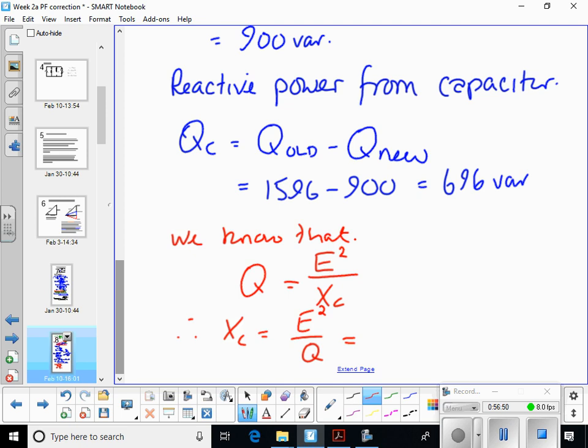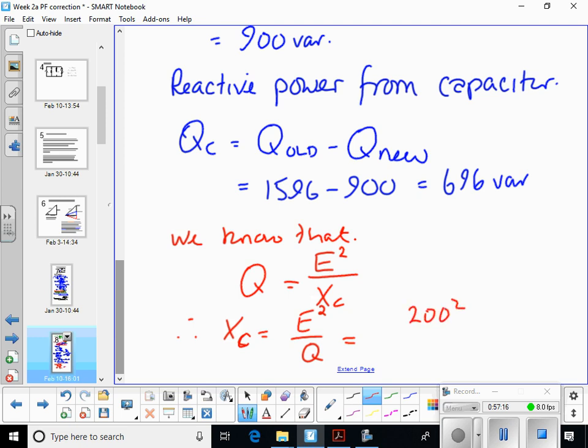One of the three power formulas, remember? We said you could also apply them to the reactive power and the apparent power as long as you pick the right three things. So E squared over XC will give you Q, therefore XC is equal to E squared over Q.